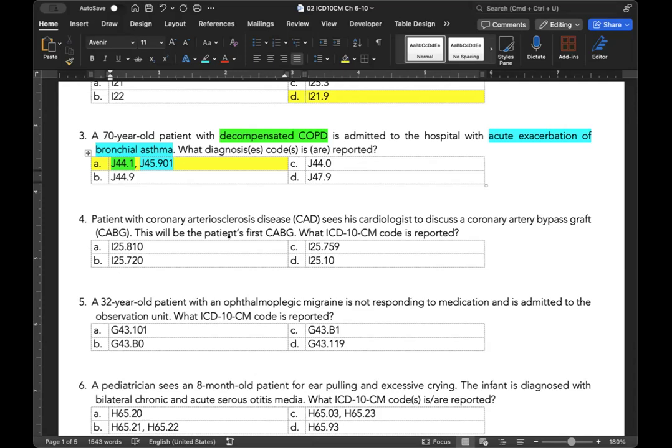Let me double check. I could be totally wrong, and I think we're going to see this again in question 8, where I ended up jumping around.